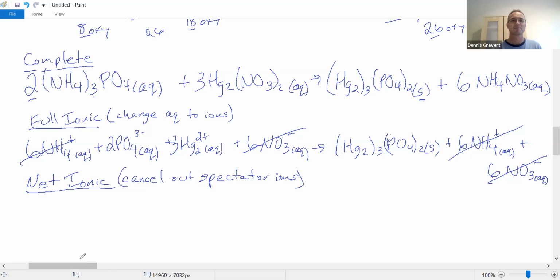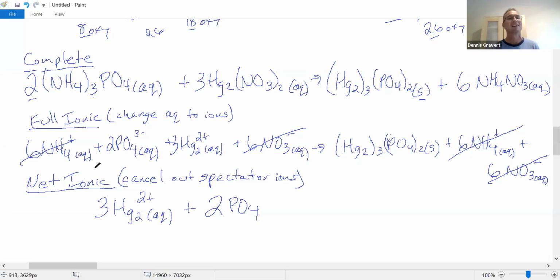Cancel those out. And then we simply have, and again, your choice, do you want to list the anion first? I'll give you full credit. Most people are going to put the cation first. So to make your answer look like the answer key, and you don't have to, but we generally put the cation first and then the anion second. Keep the subscripts, I'm sorry, these are coefficients.